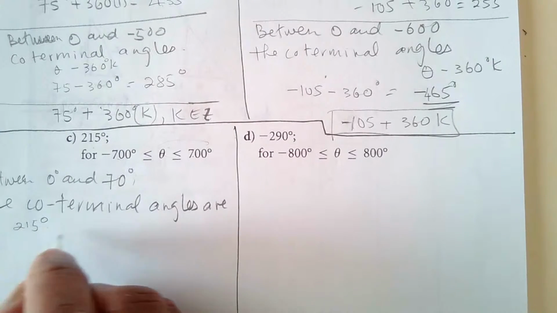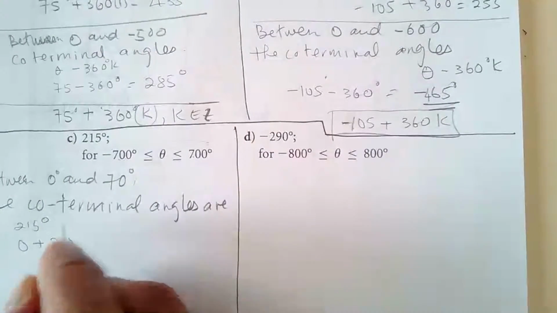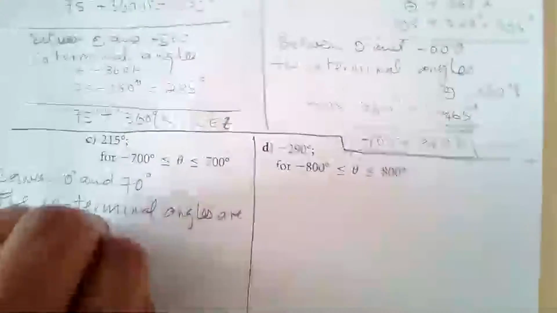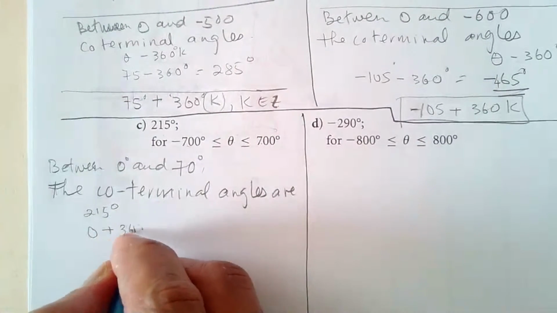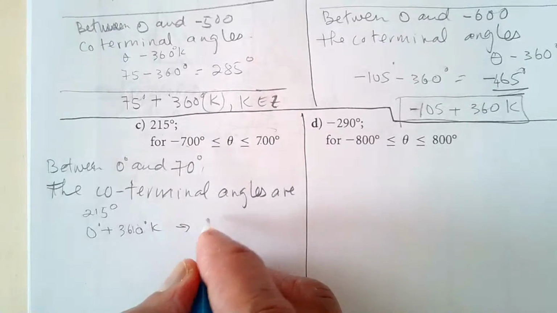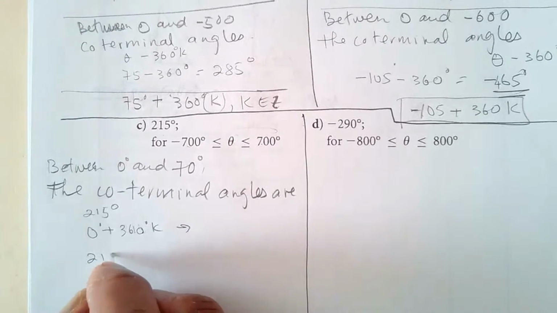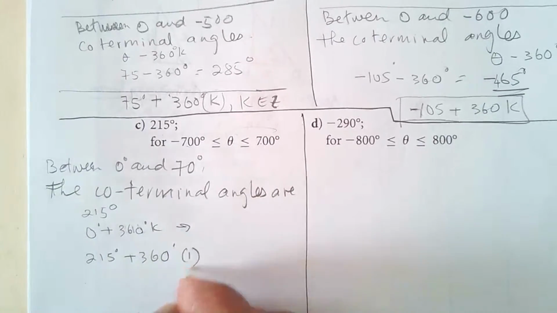And the next one will be theta plus 360 degrees k. So the next one will be 215 degrees plus 360 degrees times 1.